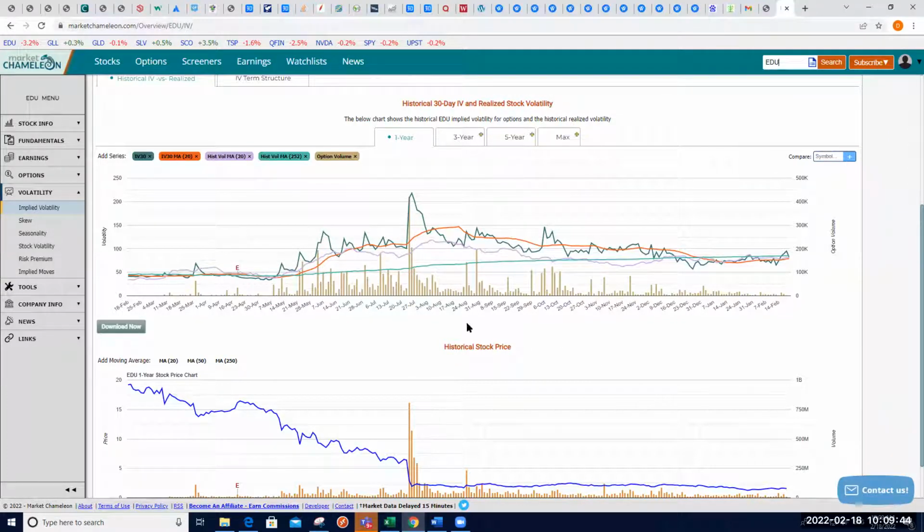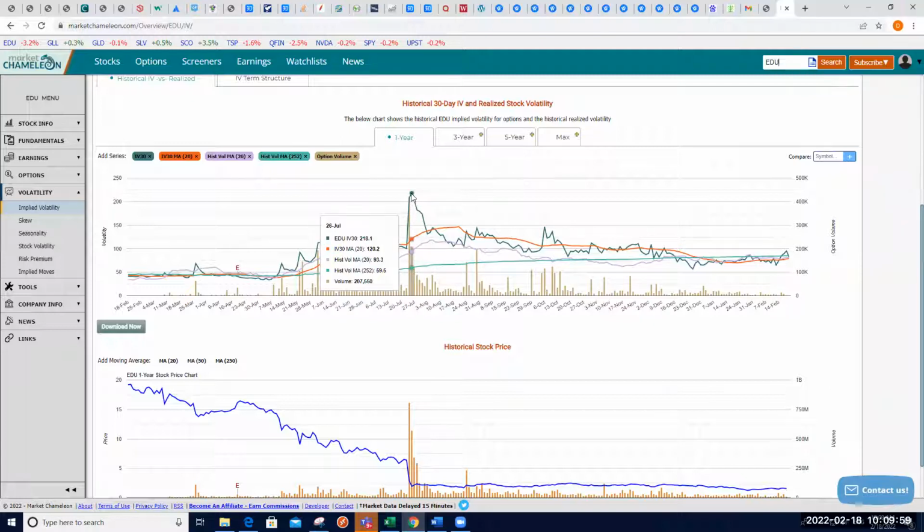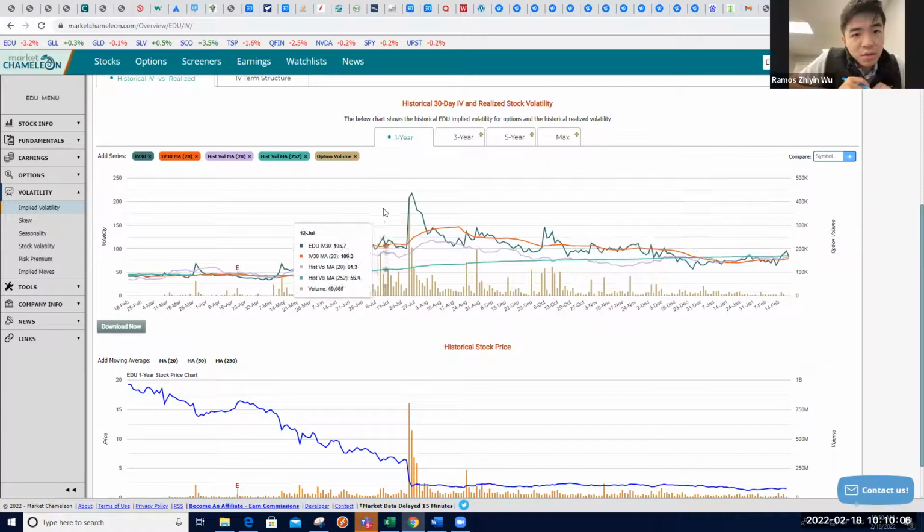Right. And since volatility has the property of mean reversion, after it hits the peak, it will slowly decrease. So it's kind of like a common gap, right?